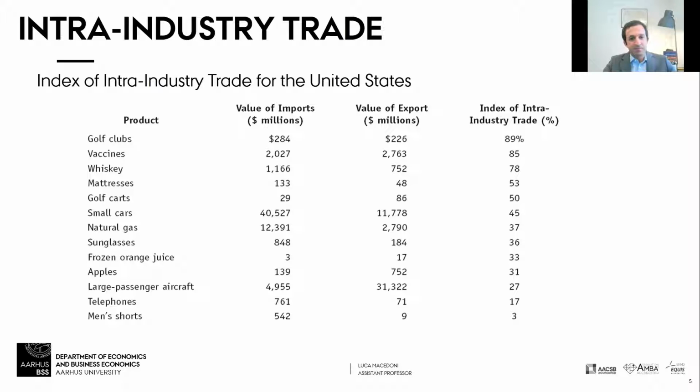Therefore, where we're going with this is a model in which countries produce different varieties of vaccines, and countries trade because they also want to consume the varieties produced by other countries. In contrast, men's shorts is pretty much a homogeneous good. There's not much product variety there, and as a result, the standard models of Ricardian and Heckscher-Ohlin comparative advantage work very well.